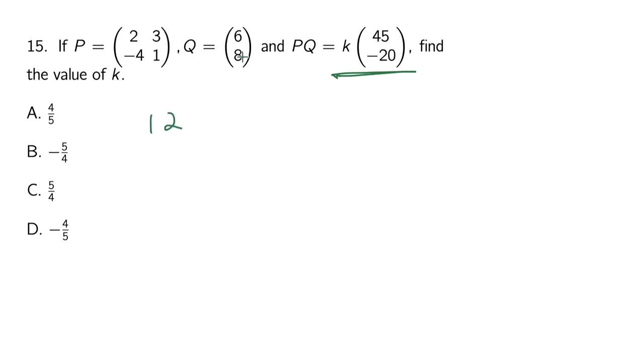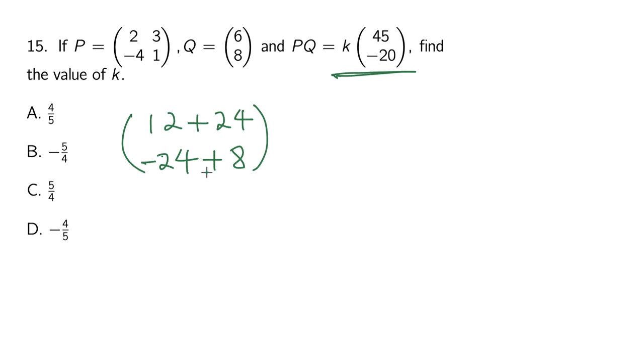We multiply 3 by 8, which is 24. So that gives us the top component, and then the bottom component is -4 times 6, which is -24, and then we have 1 times 8, which is 8. So this is our vector.